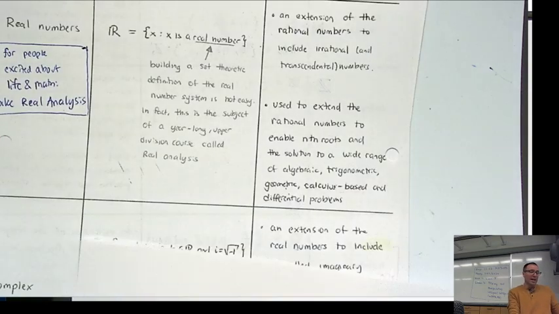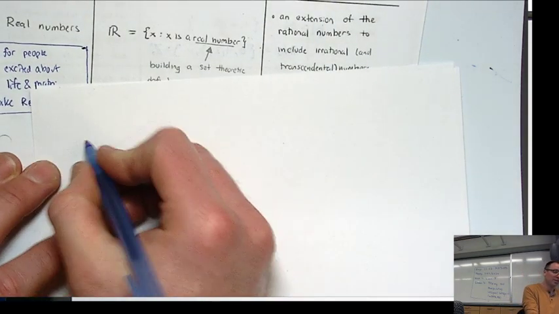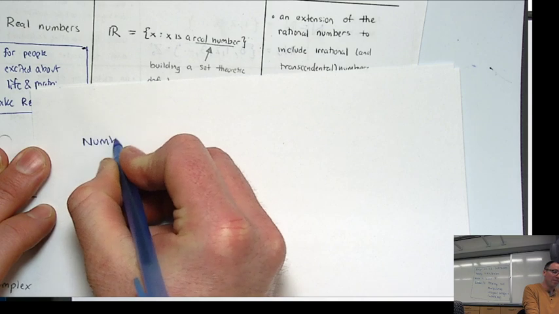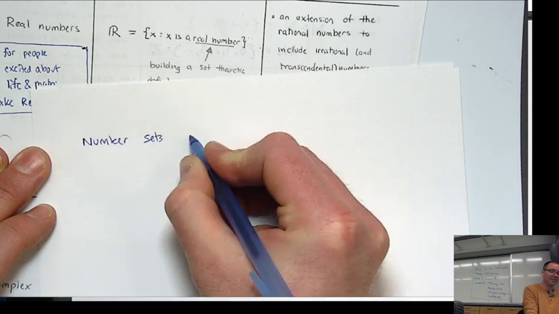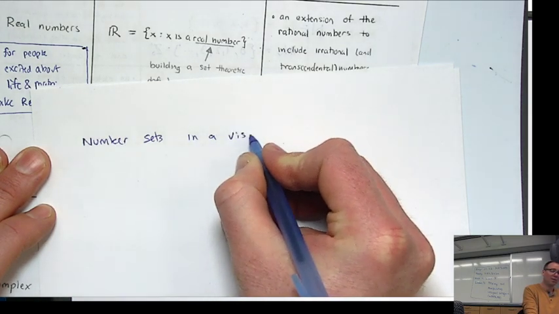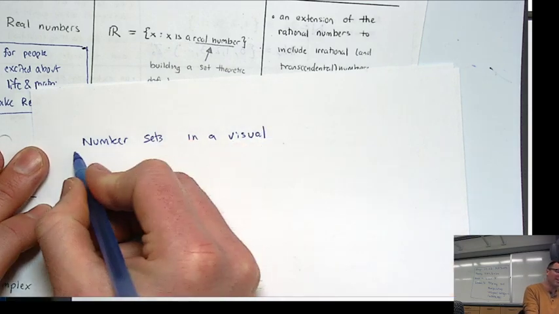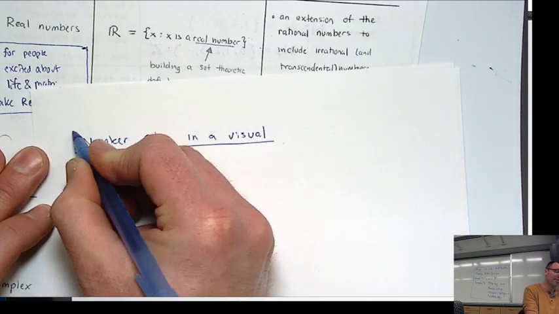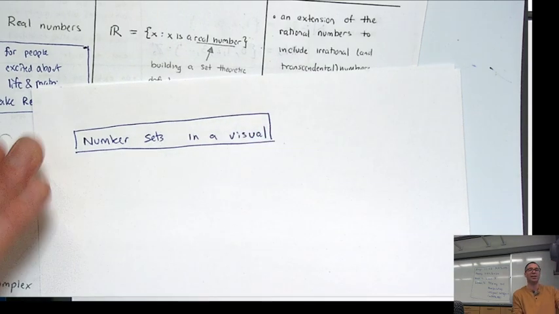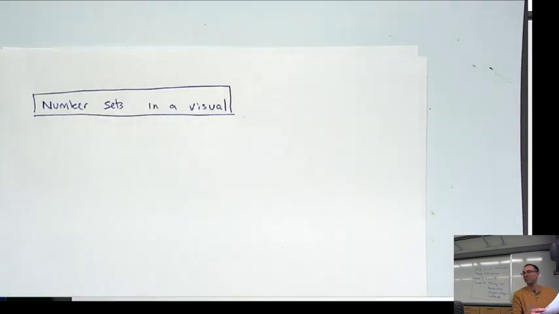Okay, so let me go ahead and say this. So number sets in a visual. What is the smallest set of numbers that we just discussed today? What has the least number of elements?